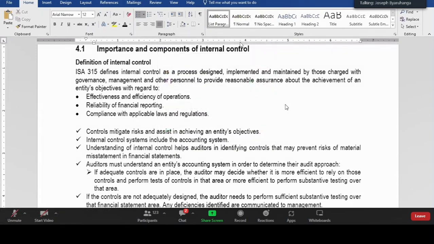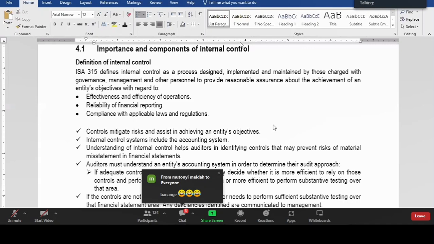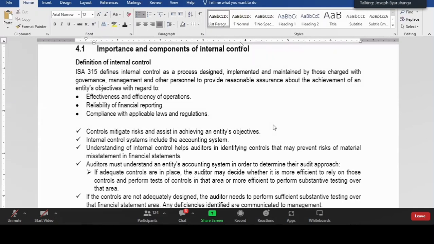Now, if adequate controls are in place, you remember in topic 3, we talked about 2 types of tests: tests of controls and substantive procedures. So if there are adequate controls, we have to decide whether we should perform the tests of controls.